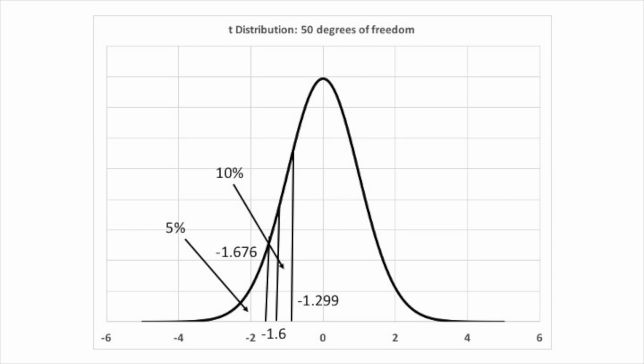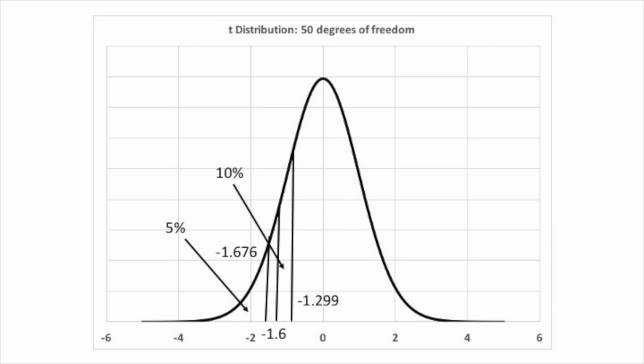So let's draw that on our t-distribution. We learned that a t-value of 1.299 corresponds with 10% of the tail with 50 degrees of freedom. Since we're on the left tail, that's a negative 1.299. We learned that the value of 1.676 corresponds with 5% in the tail. Again, since we're on the left side of the distribution, we put in a negative value. So we've got that minus 1.6 drawn in.